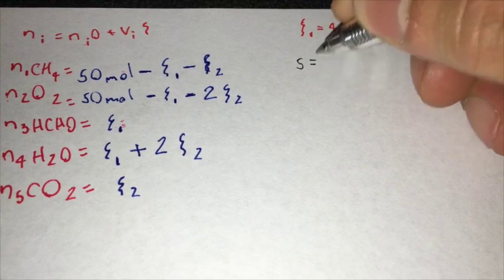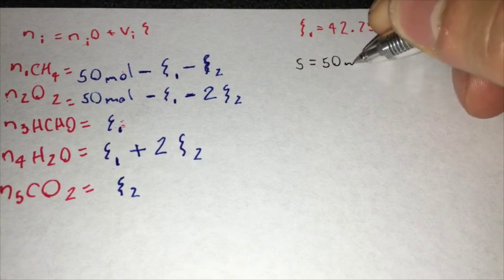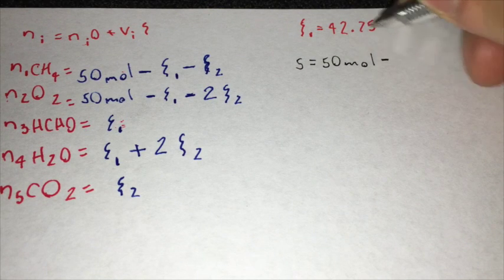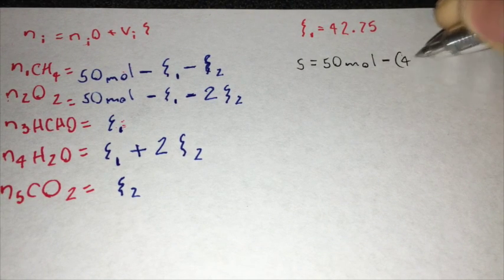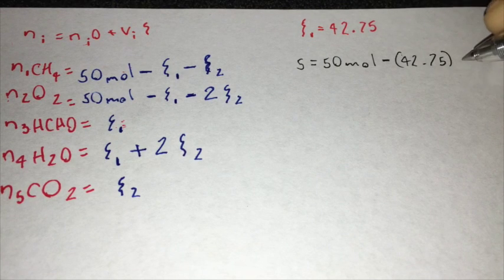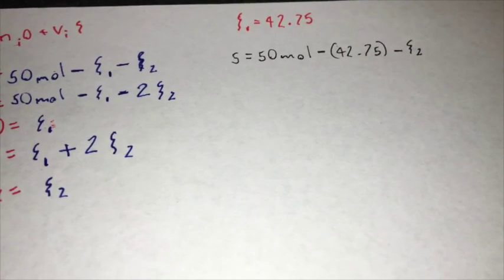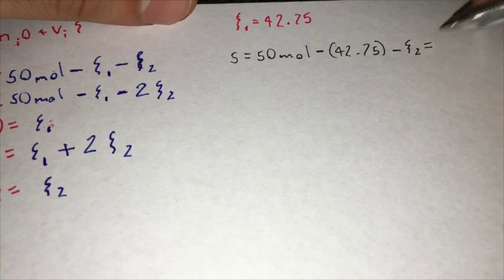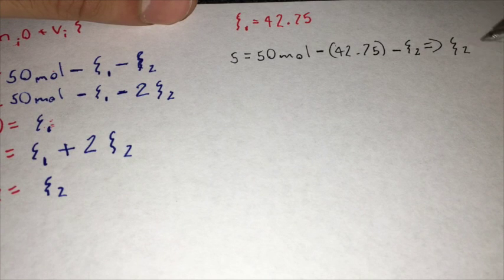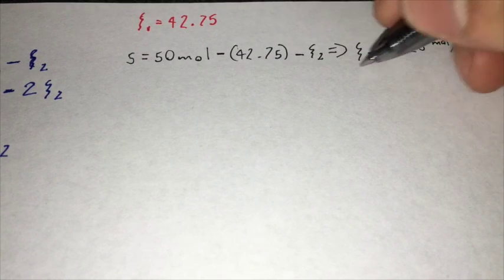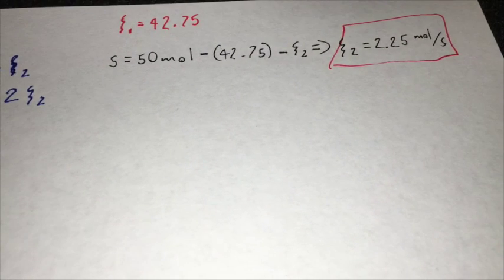So 5 equals 50 moles minus our C1, which we already have, so minus 42.75, minus C2. From there, we can solve for C2, and that gives us a C2 equal to 2.25 moles per second. That is our C2 right here.